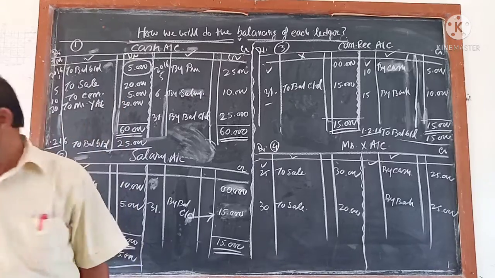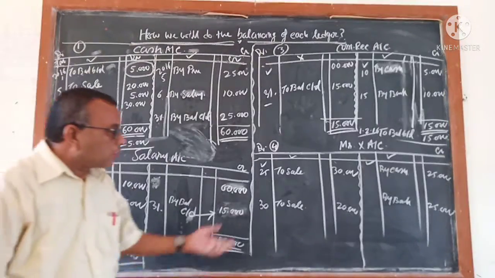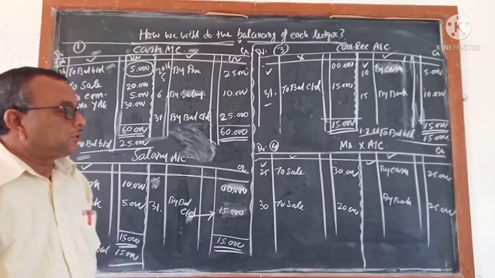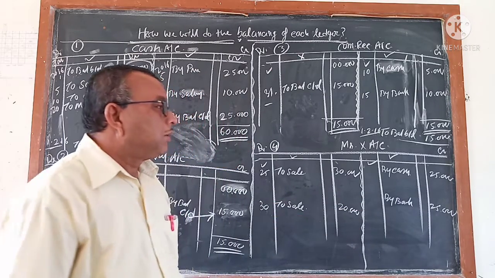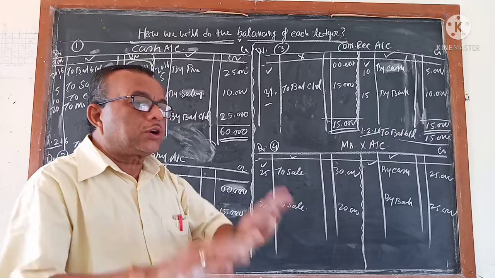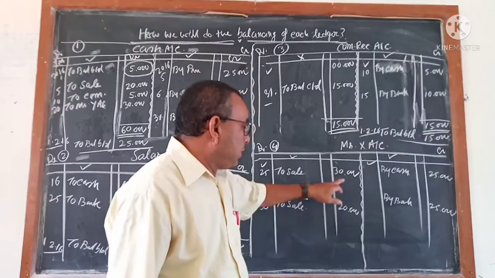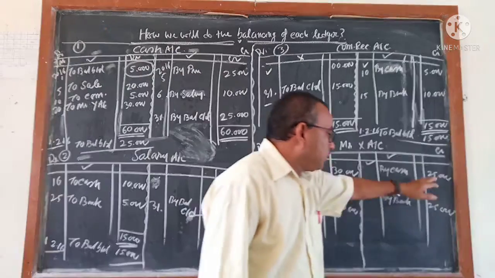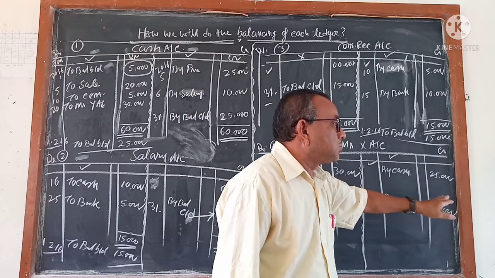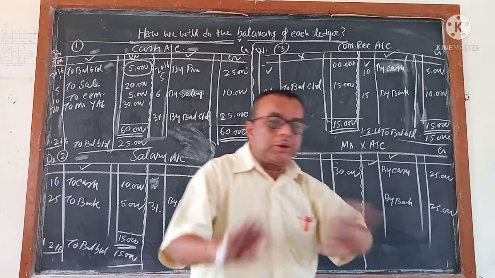Understand? Next, you will get one more type of ledger where posting is there on both sides, but both the sides' totals are not different at all. It may be 10 plus 20, 50, or 25, 25, 50, or 10 plus 30, 50, whatever it is.